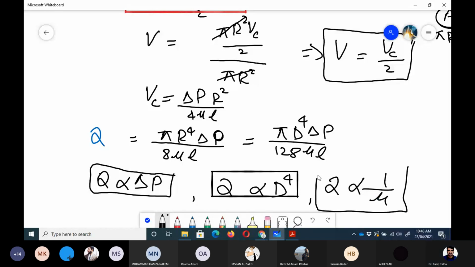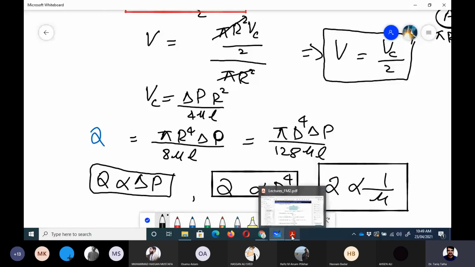So if we increase the viscosity, then we would have a reduction in volume flow rate, which is understandable. Now you can see that we have been able to write Q in terms of pressure and Q in terms of velocity and center line velocity by doing all this derivation.